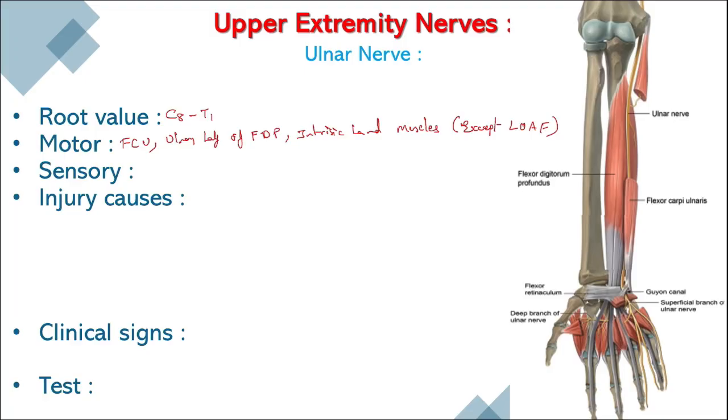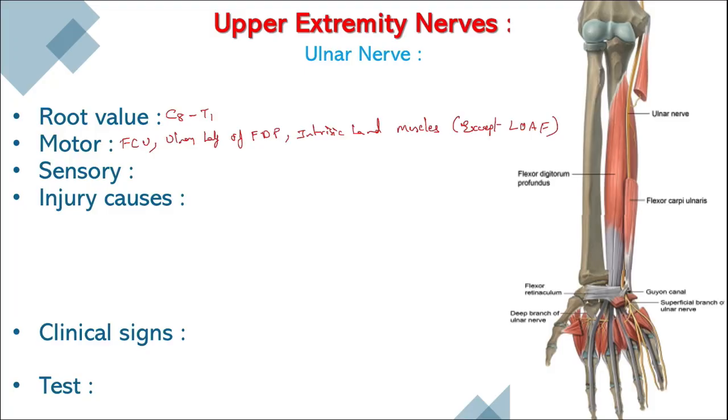In the ulnar nerve we can see flexor carpi ulnaris and the ulnar half of flexor digitorum profundus, and we can see some intrinsic hand muscles except the lumbricals, opponens pollicis, abductor pollicis brevis and flexor pollicis brevis. We are not thinking about those now because they are related to the median nerve.